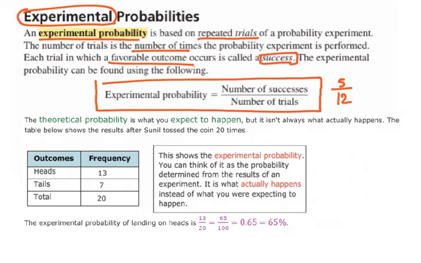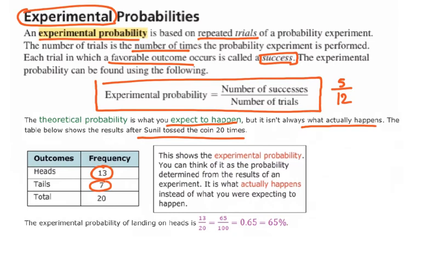So if we connect that to our previous example, theoretical probability is what you expect to happen but is not actually what happens. But if I'm connecting it to my experimental probability, same thing, flipping a coin, if you toss it 20 times, in an experiment a person got 13 times head and 7 times tail.